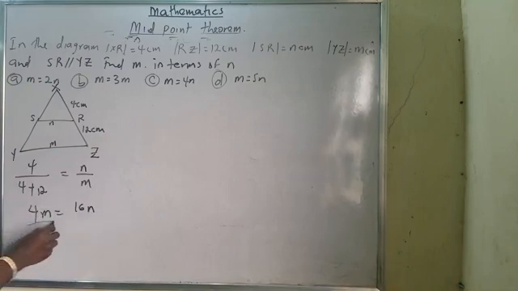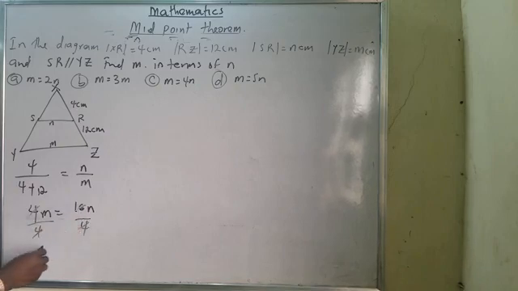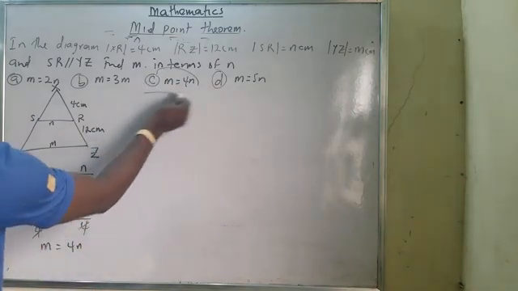Divide both sides by 4, which gives m equals 4n. That is your answer. This is your C.